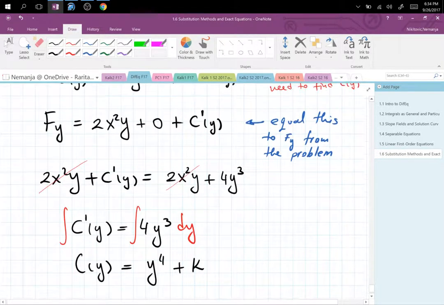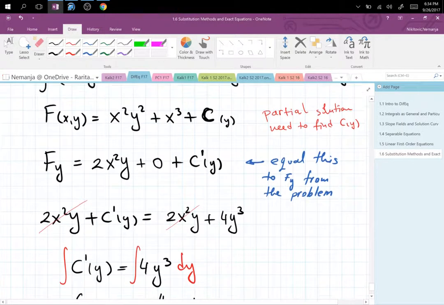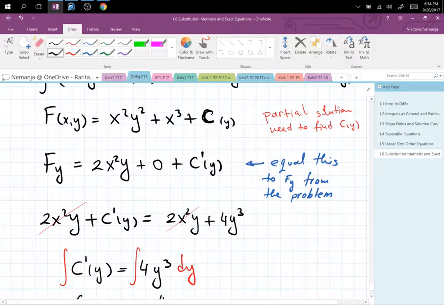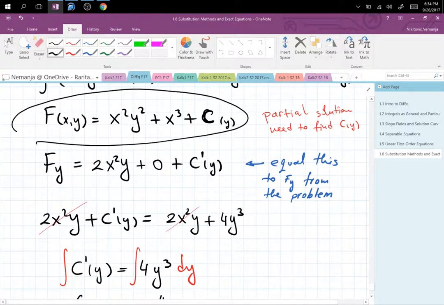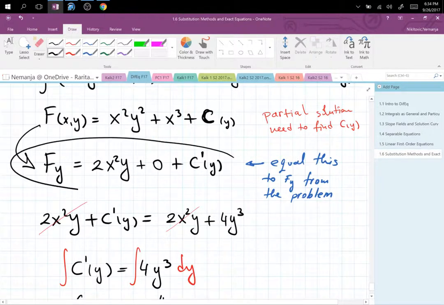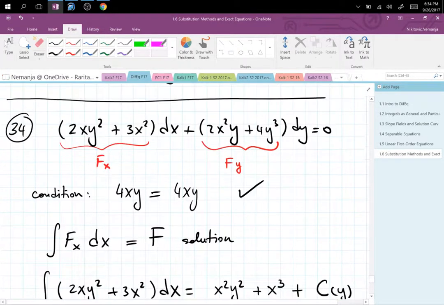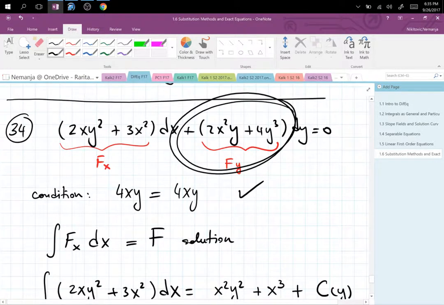So, all right, guys, everyone look at this now. When we took the partial derivative f_y of what we call the partial solution, right? So this one over here is a partial solution. We took the partial derivative with respect to y and obtained this line. Now, this one is the partial derivative of f. But also, this guy here is the partial derivative of f. And I equate them.